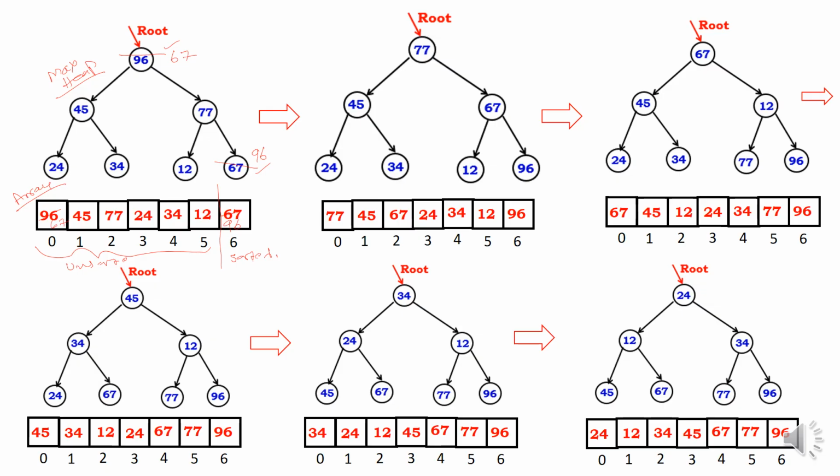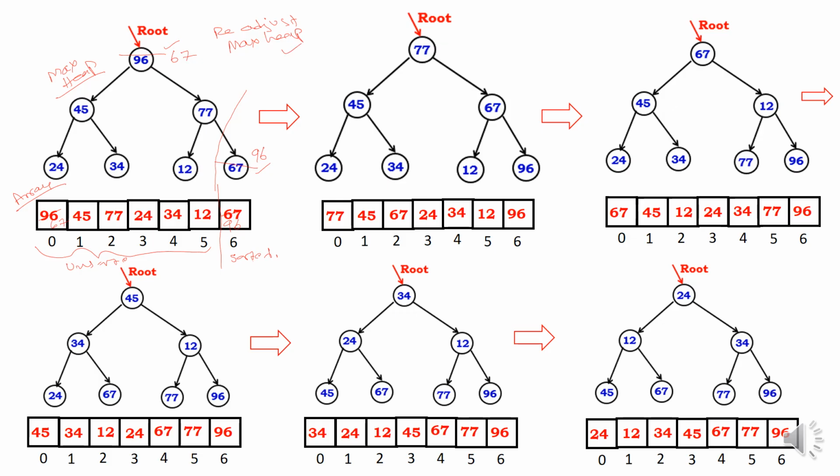Now see, leaving 96, because it is already fixed, the remaining elements we have to readjust them into max heap. So reheapify to make it max heap. Readjust elements to make max heap.